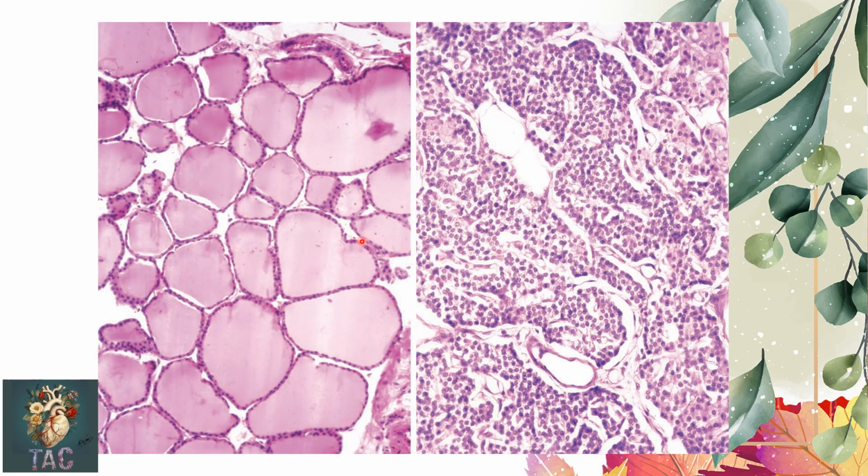This is H&E staining. You can compare both the thyroid gland and the parathyroid gland. These are the thyroid follicles having different sizes, lined by simple cuboidal epithelium and filled in the center by colloid.